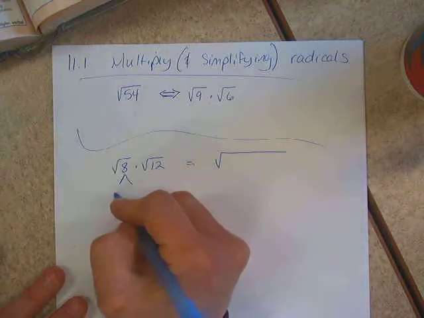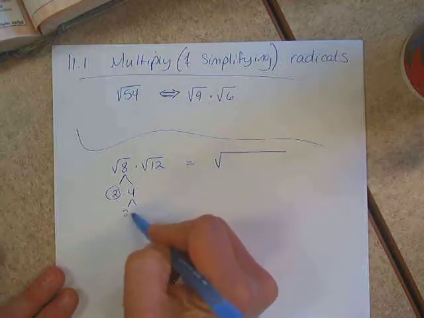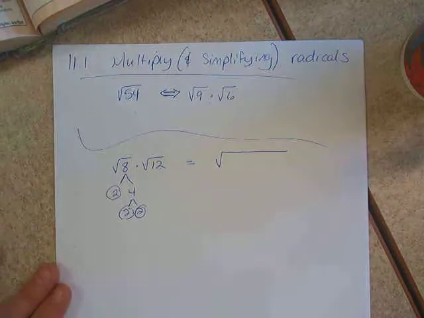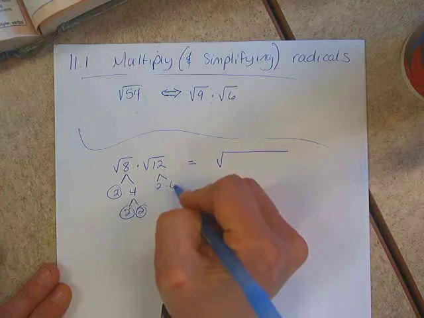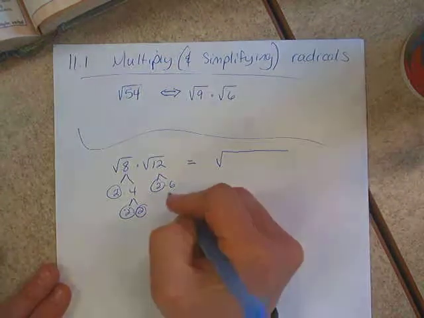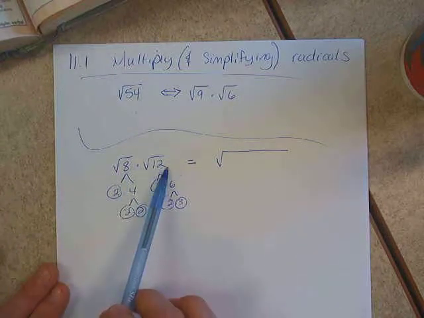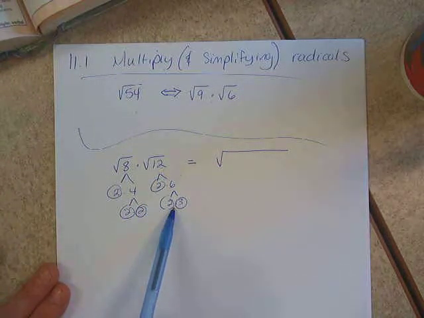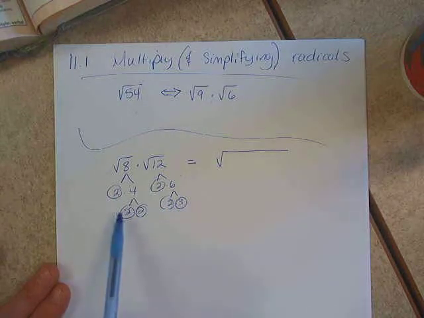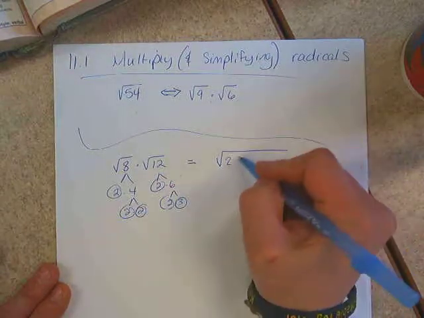So when we break down 8, we have 2 times 4 and 2 times 2. And when we break down 12, we have 2 times 6 and 2 times 3. So if 8 times 12 is 96, then all of these should be the factors of 96, right?